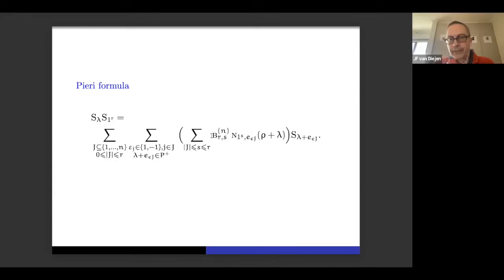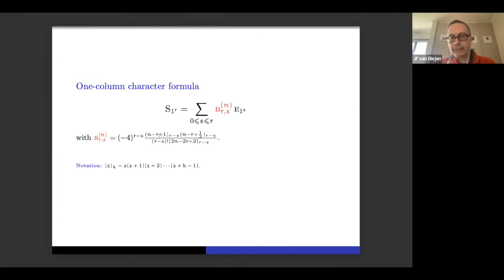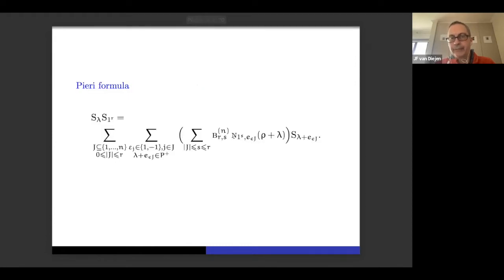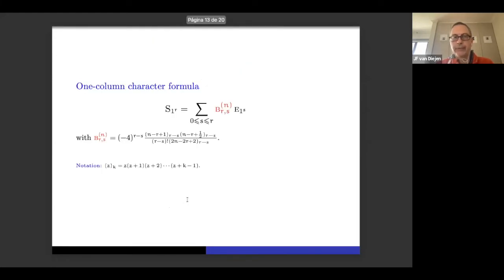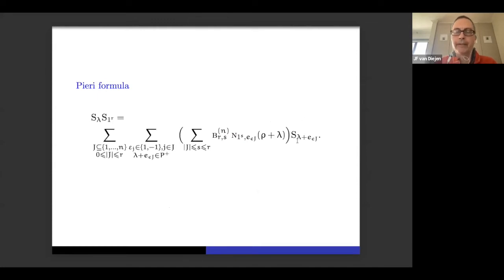They're called B because we're in type B. And these are these shift quotients of shifted factorials. So it's very explicit. And these are the coefficients from here, which is the bulk value minus this correction. So it becomes a very explicit formula in that case. And well, that's very satisfactory. You can do this also for the other classical types.